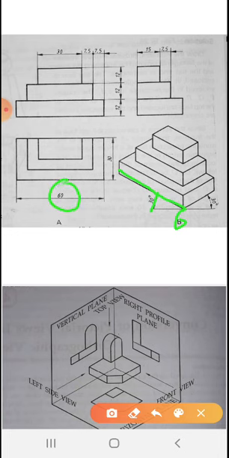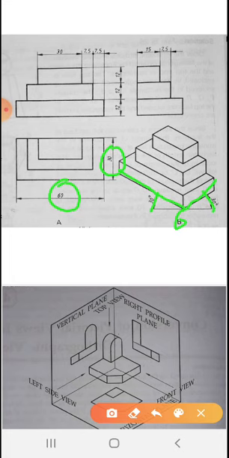You can observe this diagram B. The length is inclined at an angle of 30 degrees, at a distance of 60 mm, which will be clearly mentioned in the top view of the orthographic view. Similarly, the breadth has a length of 30 mm, at an angle of 30 degrees.